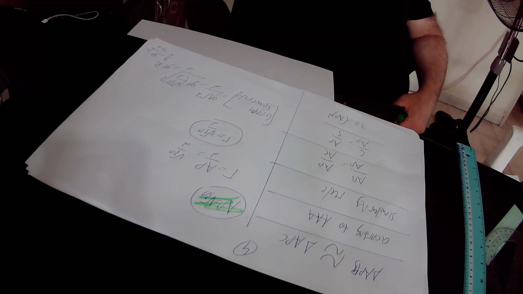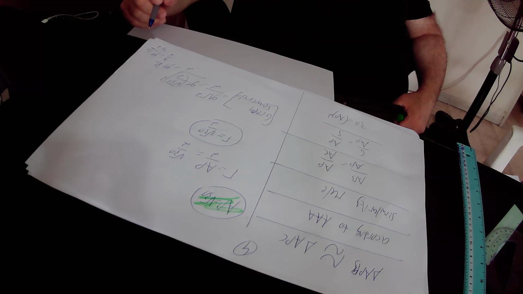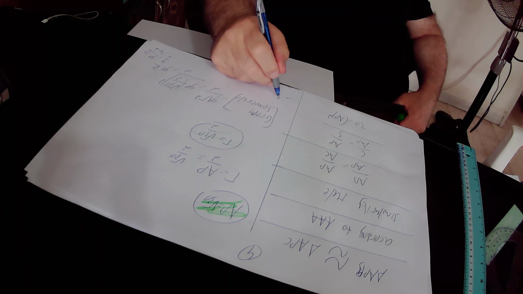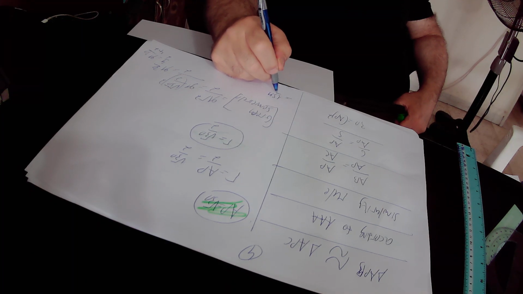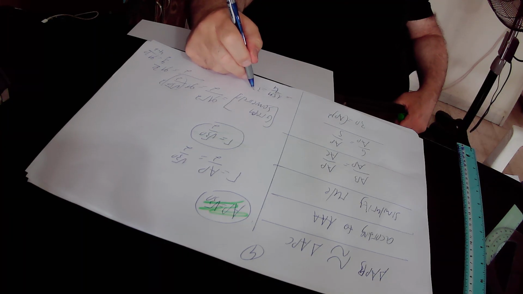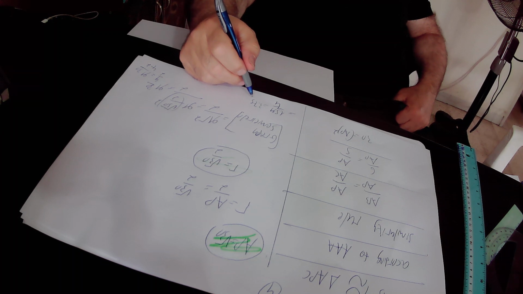So here we have 30 over 2 is 15, so in total this expression equals 15 pi over 4. 15 over 4 is 3.75, so in total this expression equals 3.75 pi.